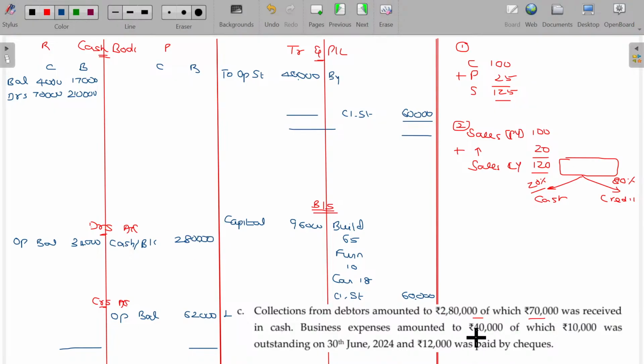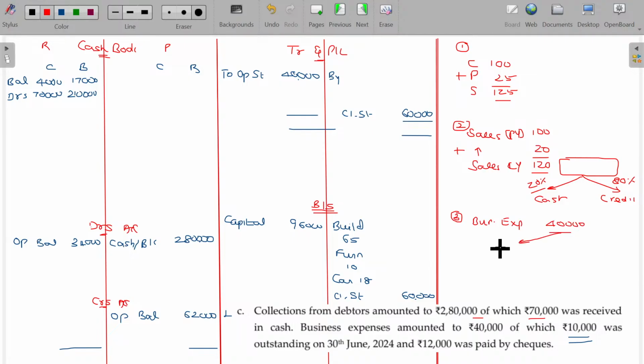Business expenses amounted to rupees 40,000, of which 10,000 was outstanding on 30th June 2024 and 12,000 was paid by check. Right. Third one. Business expenses being 40,000 rupees.